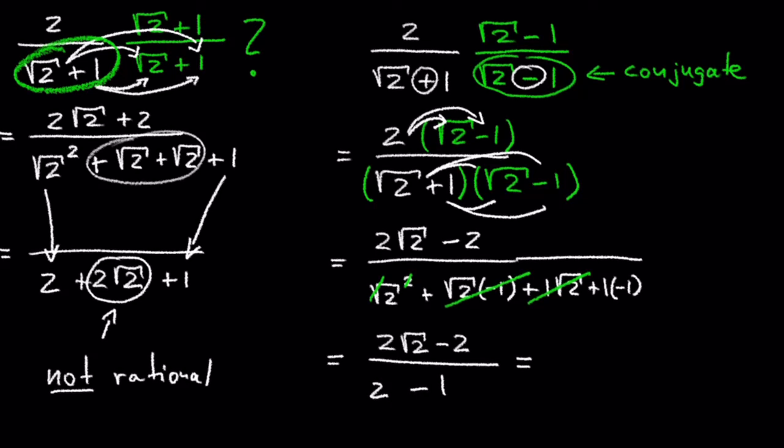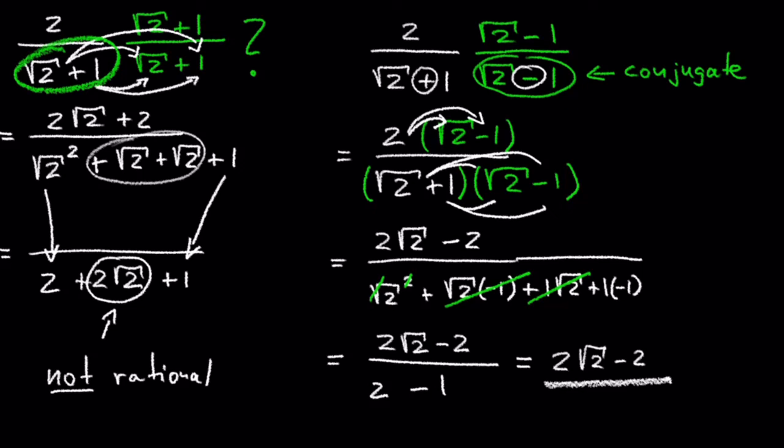So we get 2 minus 1 in the denominator, which is 1. 2 times the square root of 2 minus 2 over 1 is 2 times the square root of 2 minus 2. And we are finally done with this problem.